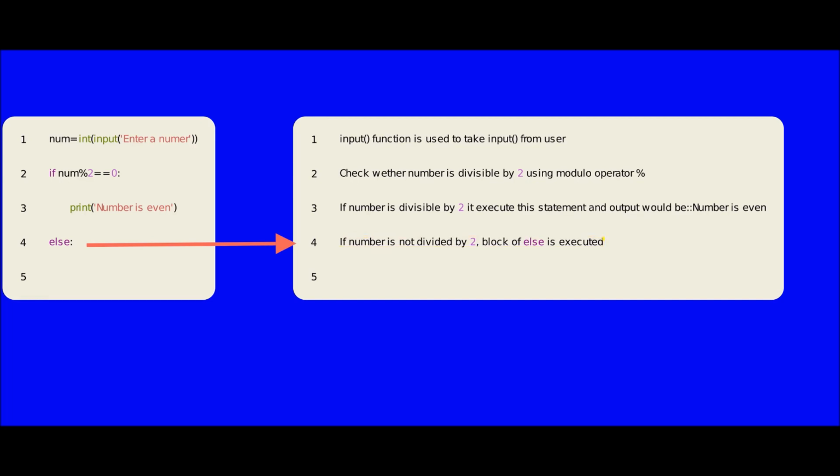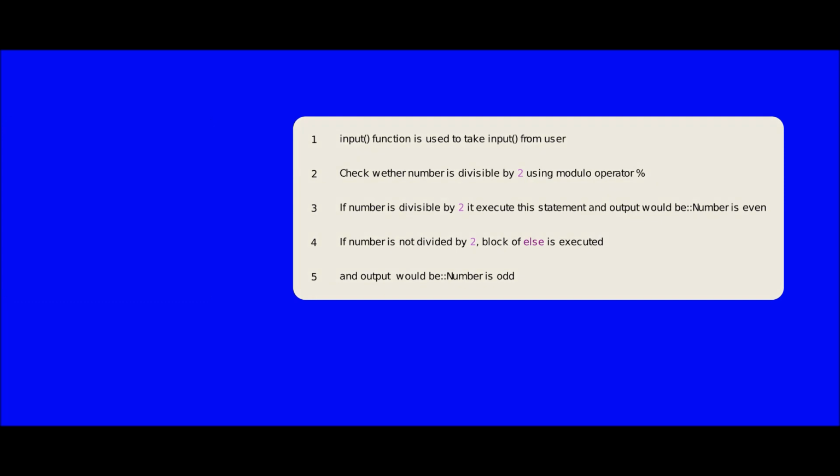In the block of else, you can see print number is odd. So if you have taken 5, the output would be number is odd, and if you have taken an even number, it will print number is even.